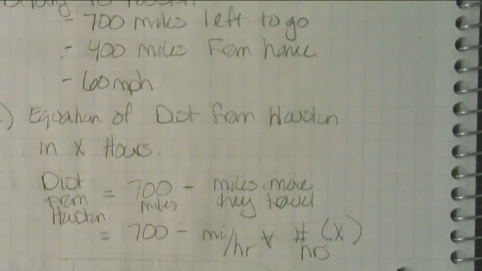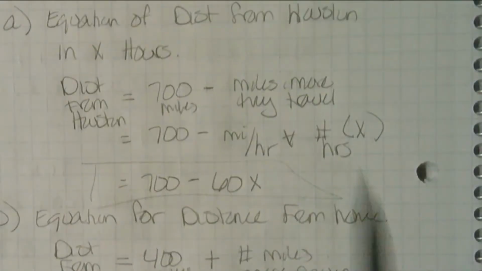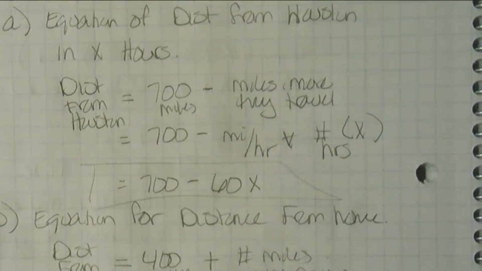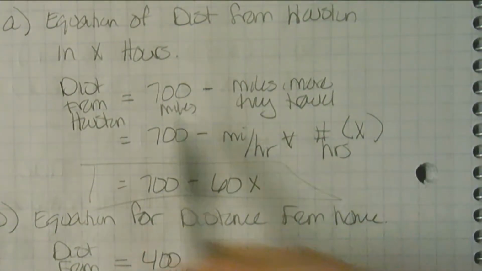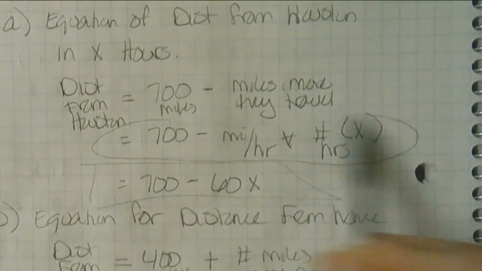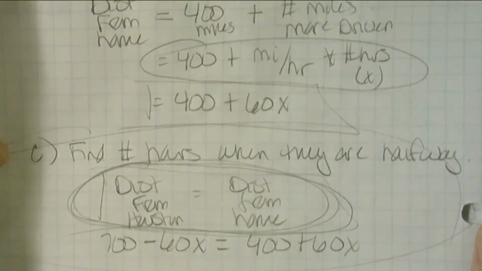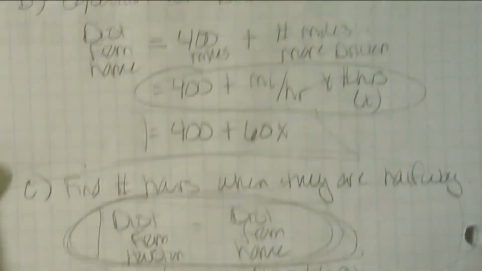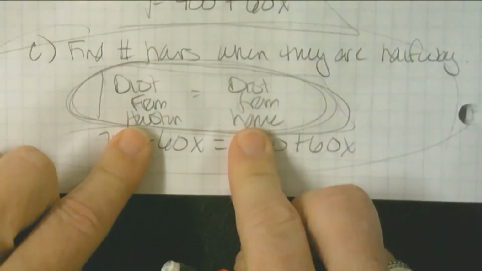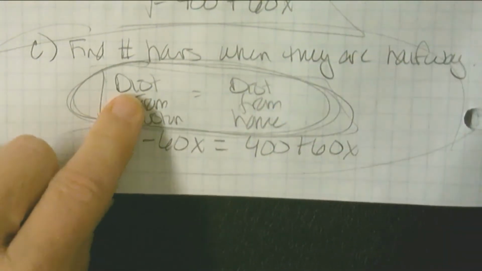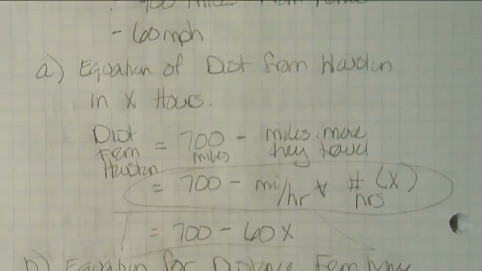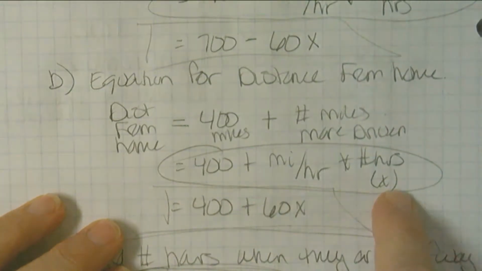So if I was to give this to you on a homework quiz, I would have this equal to this. That would be my game plan. I would start with this, and then I'd be like, oh, the distance from home is this. I'd come up with that as my game plan.